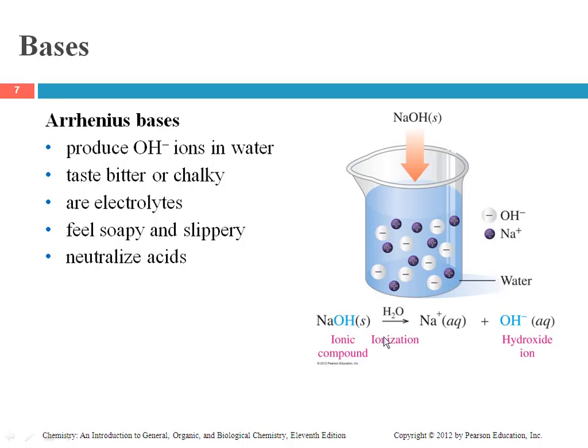So this is also an example of a strong electrolyte, if you remember from chapter 7. So we have a sodium plus 1. Since it's in group 1, sodium has a plus 1 charge, and hydroxide is a polyatomic ion also with a negative 1 charge. But this hydroxide identifies that this is a base.